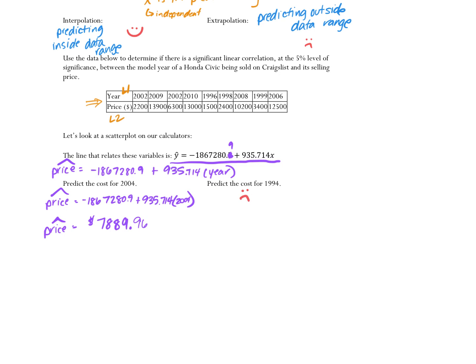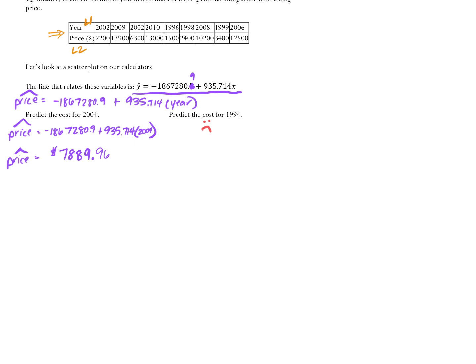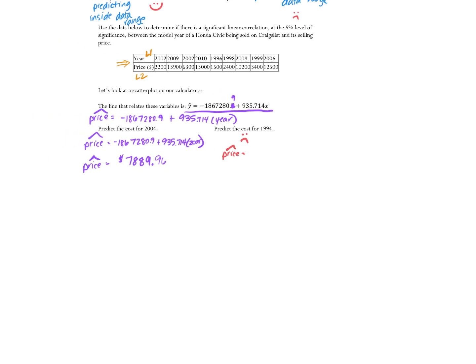We don't really want to predict for 1994 because it is outside that range of data. The basic premise is that predictions become less and less reliable the further you are from your data. To make that prediction, we would say the predicted price. Again, the hat just means predicted.